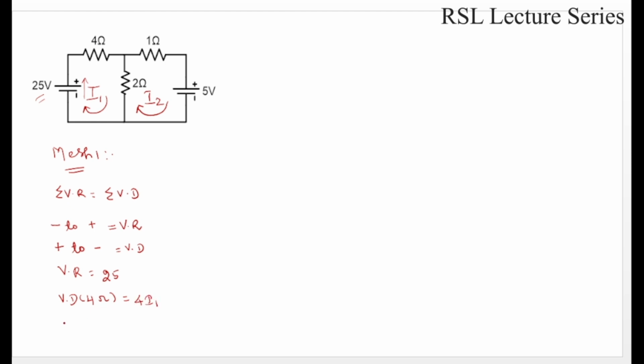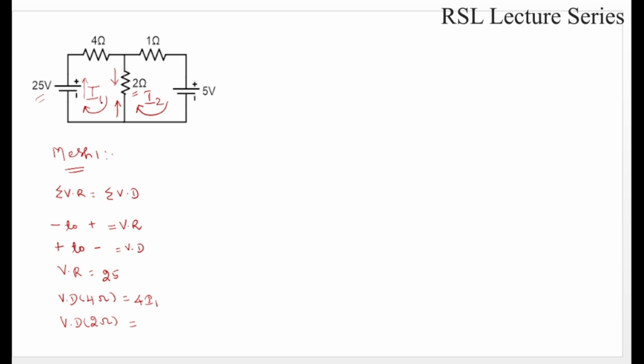Next we write the voltage drop across the 2 ohm resistor. This 2 ohm resistor lies in between mesh 1 and mesh 2. From mesh 1 the current I1 flows from top to bottom, and similarly I2 in mesh 2 flows in the opposite direction. So the net current through this 2 ohm resistor will be I1 minus I2 or I2 minus I1.